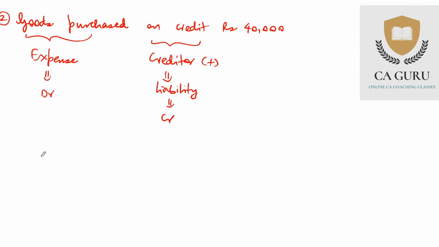And the journal entry is as usual: purchases account debit to, instead of settling by cash, you will transfer it to an account called creditors account. The full amount will go there, 40,000.